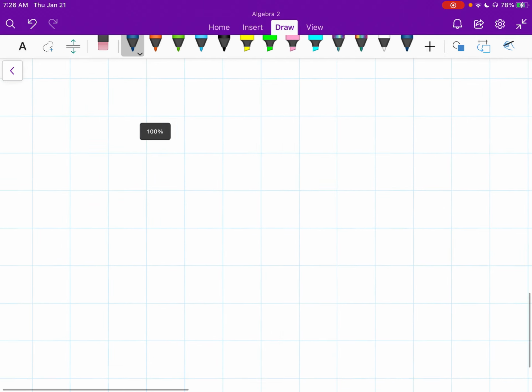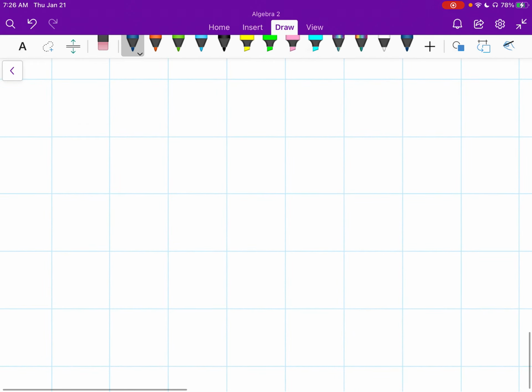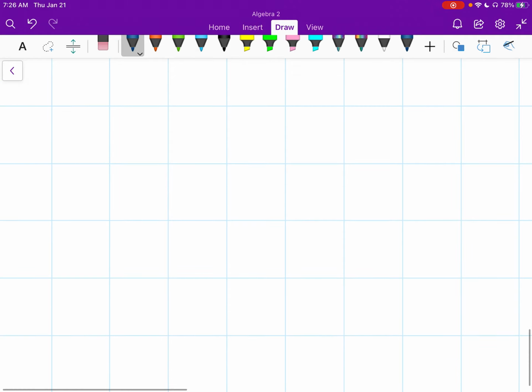All right, now a lot of the time we talk about just the positive root, right? If we have a square root, a lot of the time we just talk about the positive one. That's going to be called the principal root.